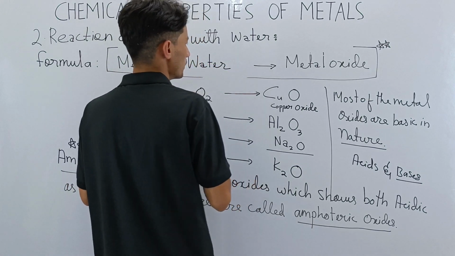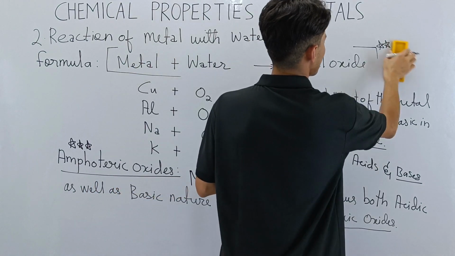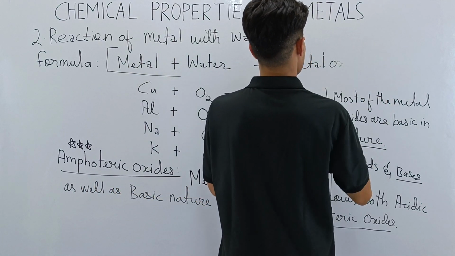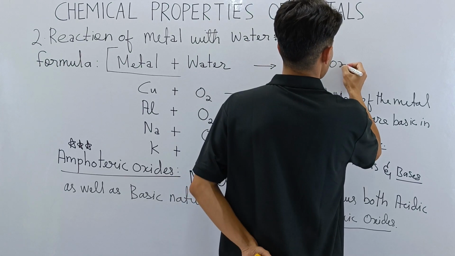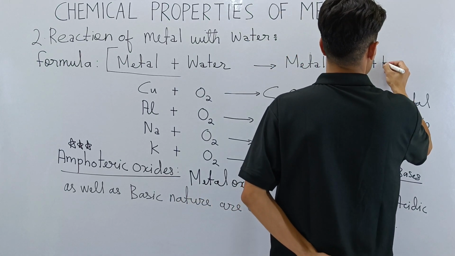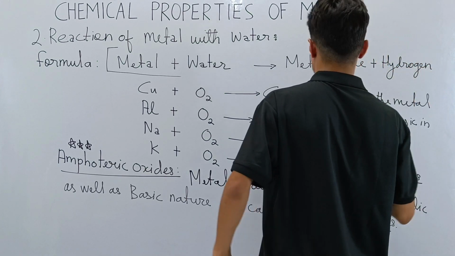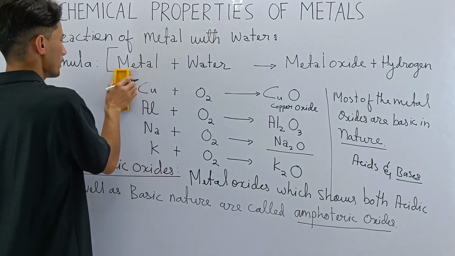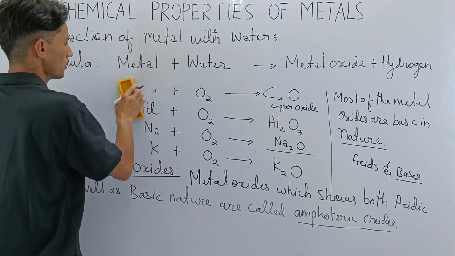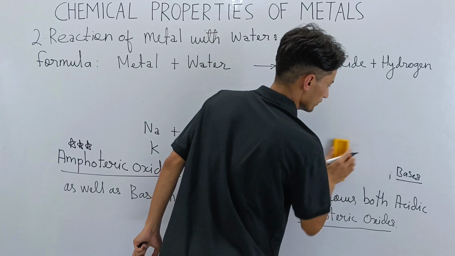In this formula there will be more. So metal plus water will give metal oxide plus hydrogen. The formula is a little lengthy here. We have another more to go. Let me erase this. These things are done now.